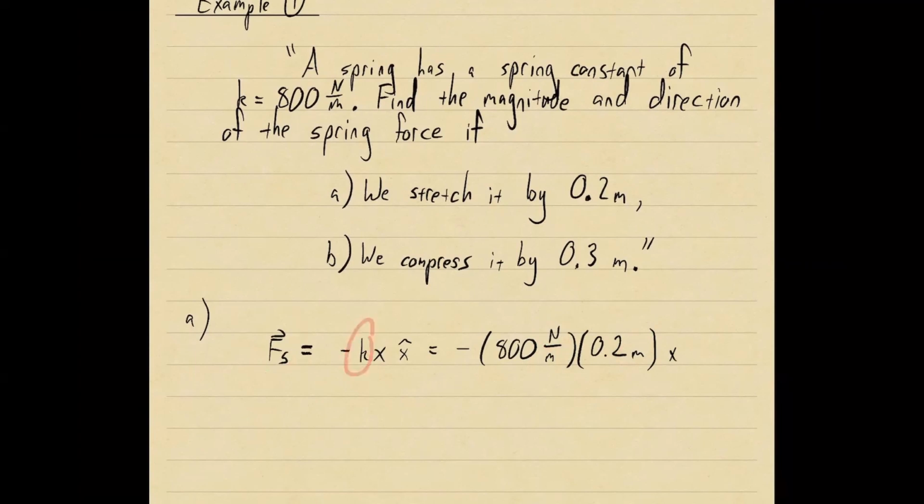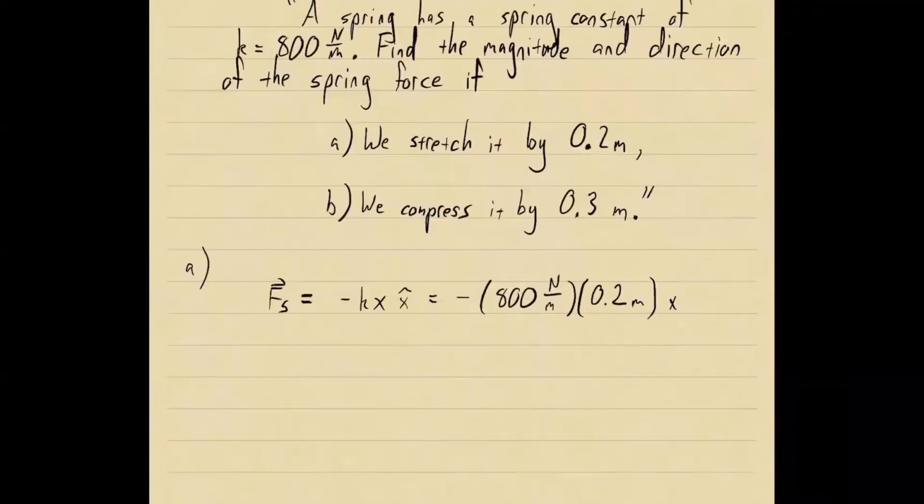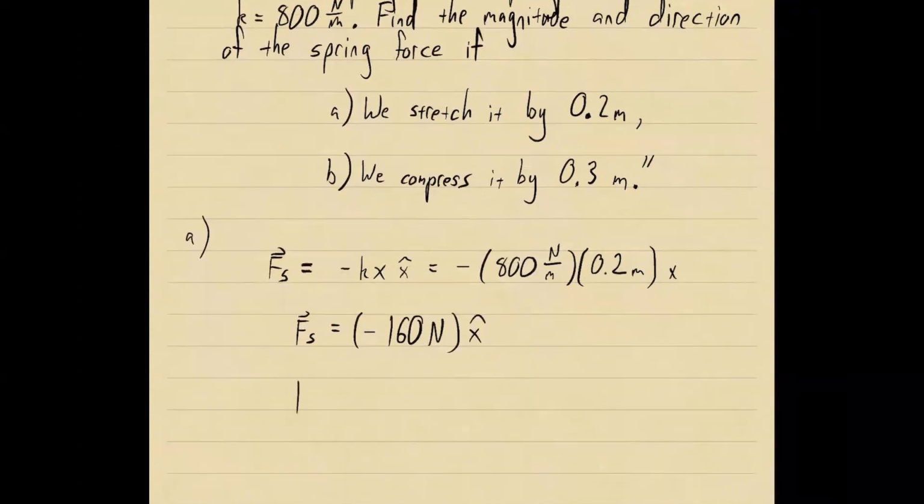The spring constant is really just a proportionality factor between displacement on one hand and force on the other. So multiplying this all together, we get that the spring force that we get by stretching this particular spring by 0.2 meters is minus 160 newtons in the x direction. So in this case, the magnitude for the spring force is just 160 newtons.